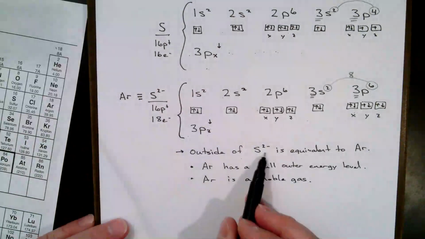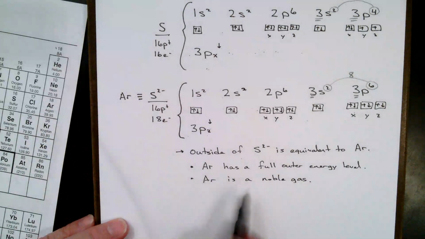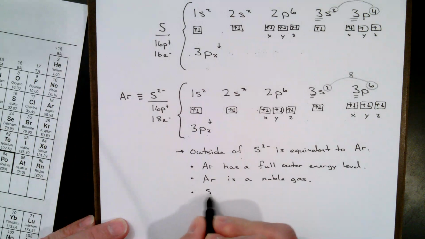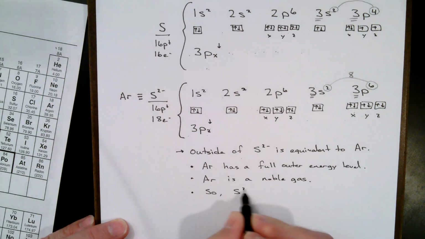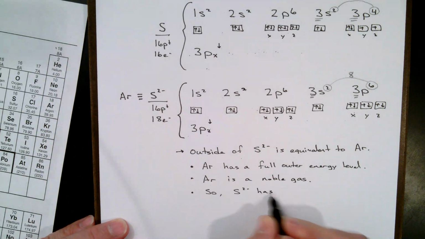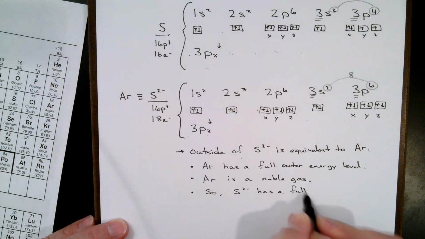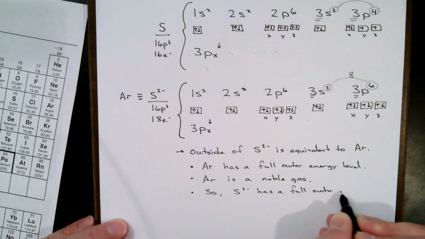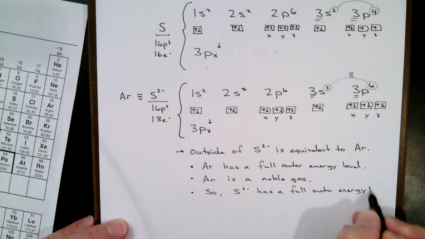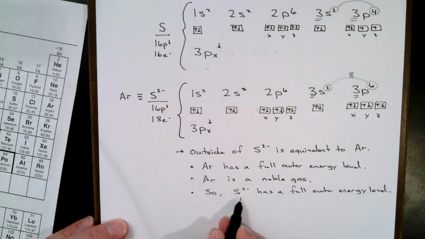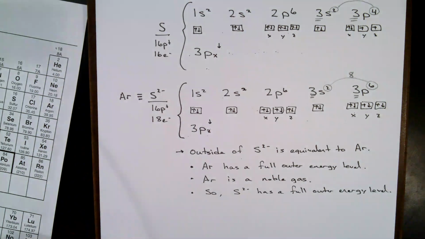So argon has a full outer energy level, and S2 minus has a full outer energy level, just like argon.